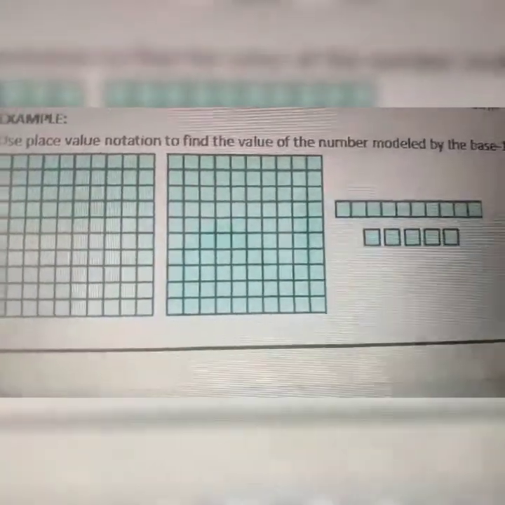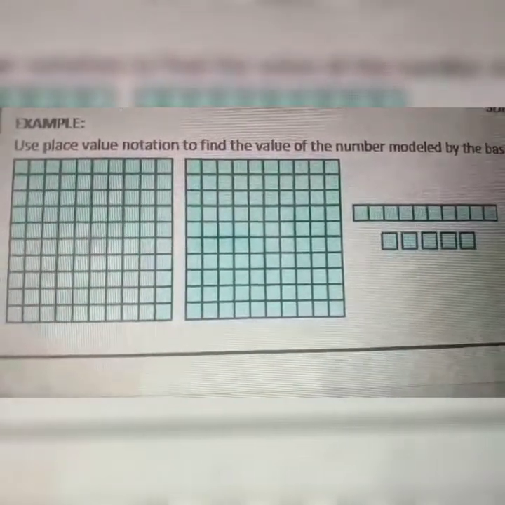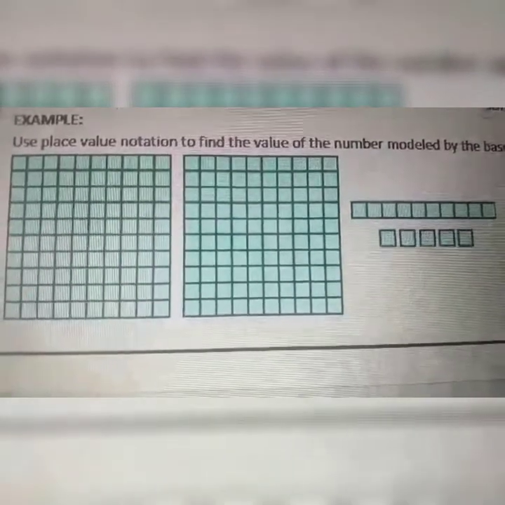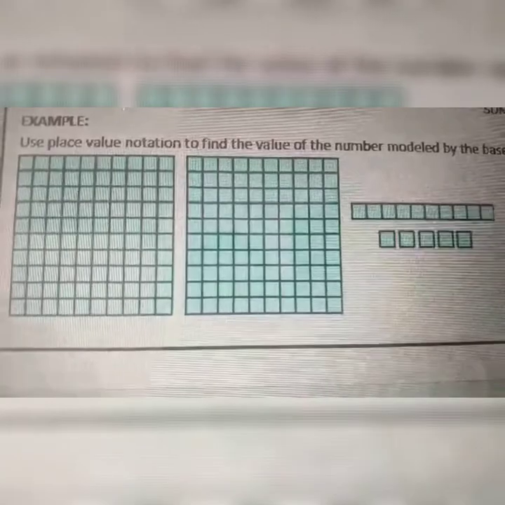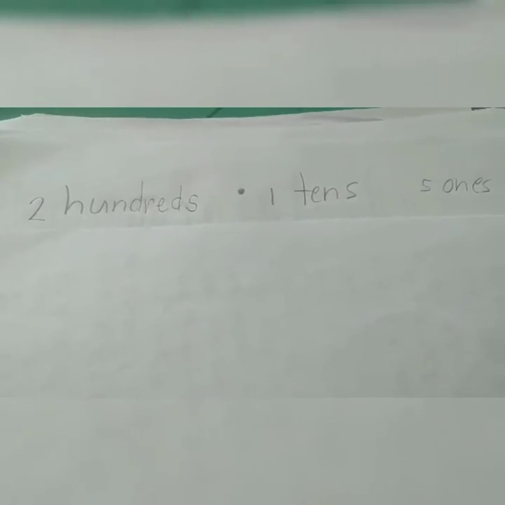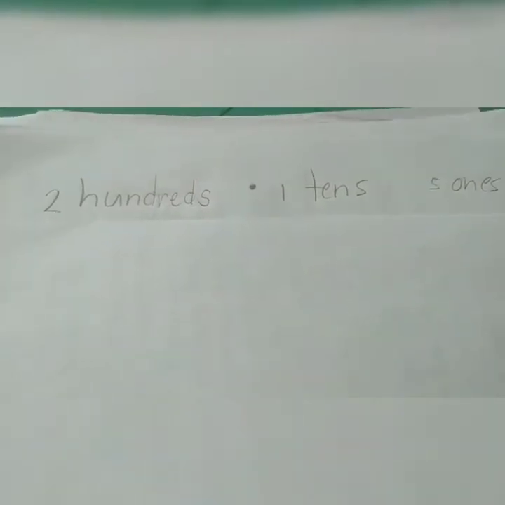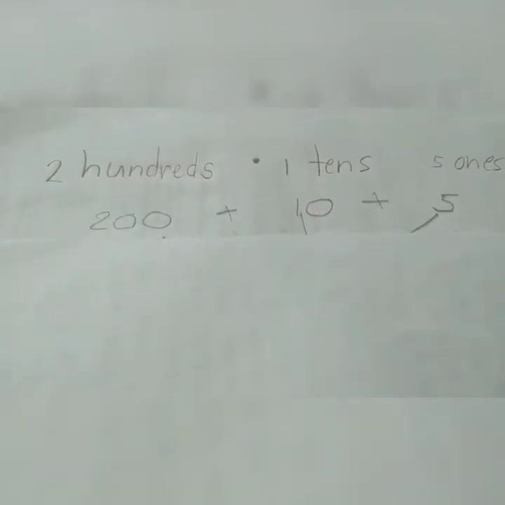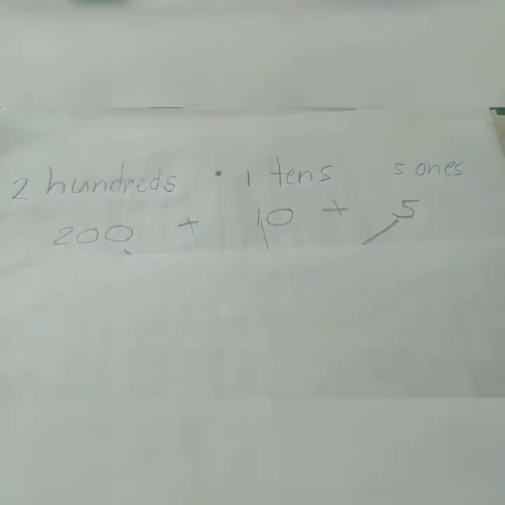Can you identify the image? How many hundreds? There are 2. How many tens? There is 1. How many ones? There are 5 ones. Okay, so there are 2 hundreds, 1 tens, 5 ones. 2 hundreds is 200. 1 tens is 10. 5 ones is 5.